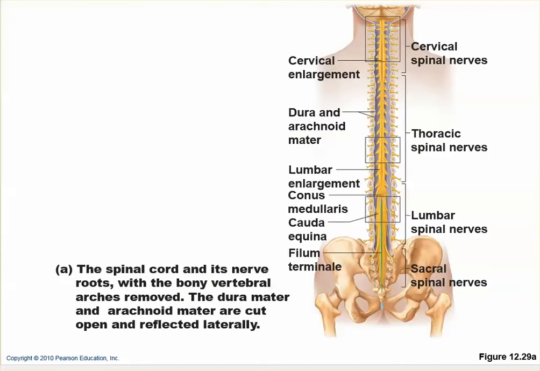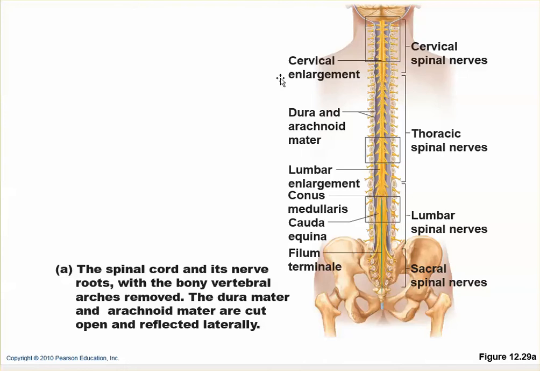Okay, so if we look at it, the first thing that you'll notice is that it is fairly narrow and then gets wide almost immediately in the cervical region. It's called the cervical enlargement. Then through the thoracic region, it narrows again, and then in the lumbar region, it widens out again. It ends here at the level of L1 in the conus, and then continues down in this stringy fashion, and that's called the cauda equina, which means the horse's tail, because that's what it looks like.